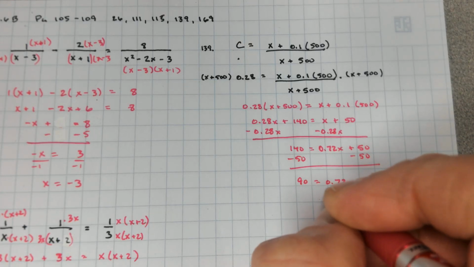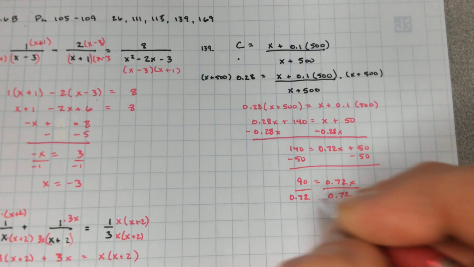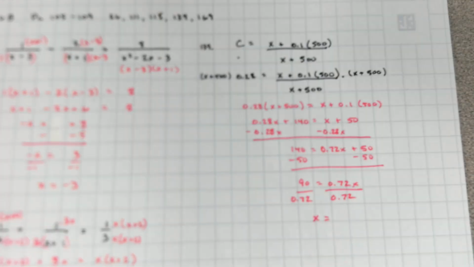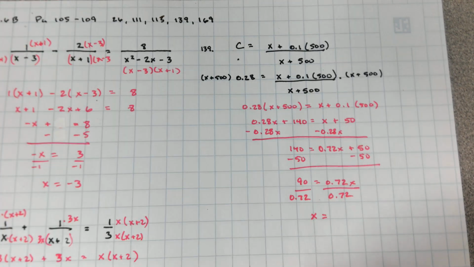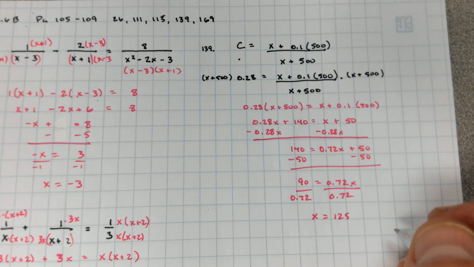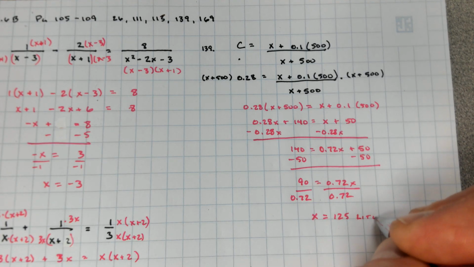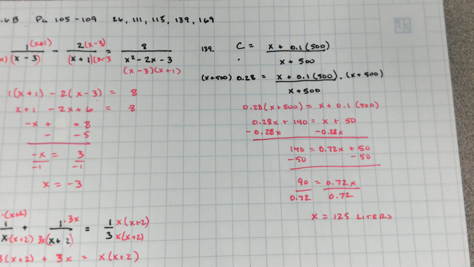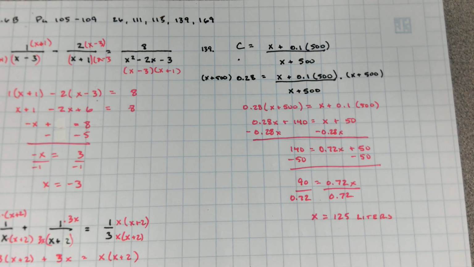And then we'll divide both sides by 0.72. So that's going to give me x is equal to 125 liters. And that's it. 125 liters of pure peroxide would be added.